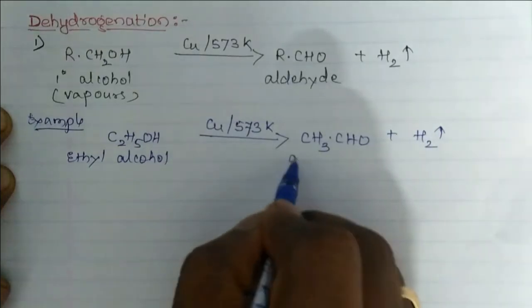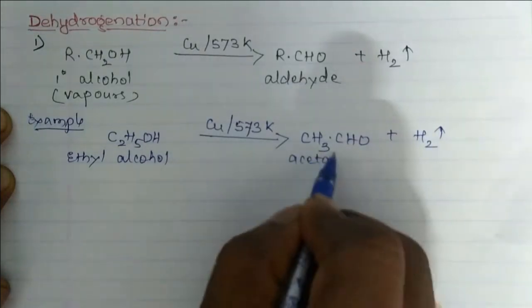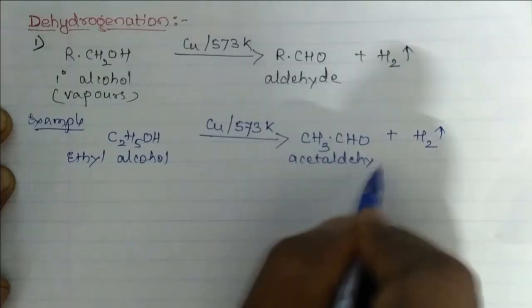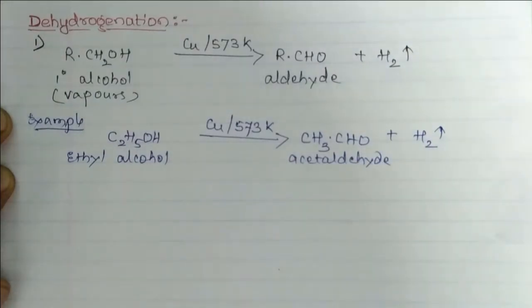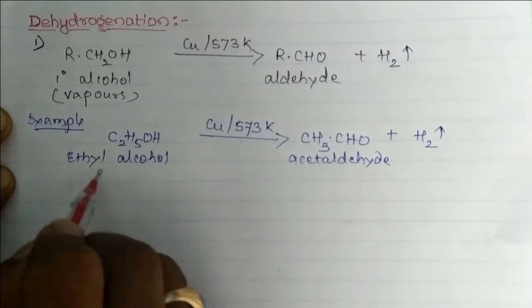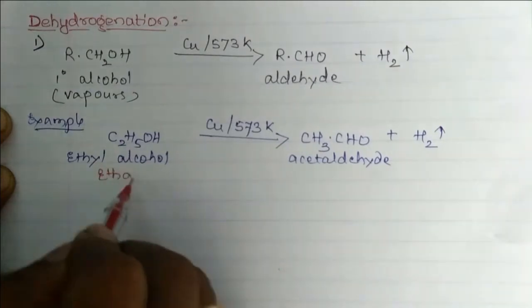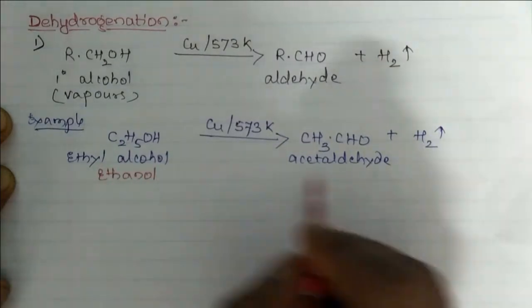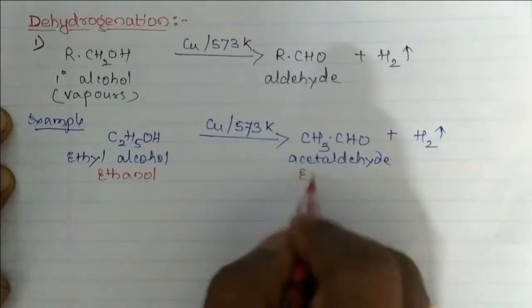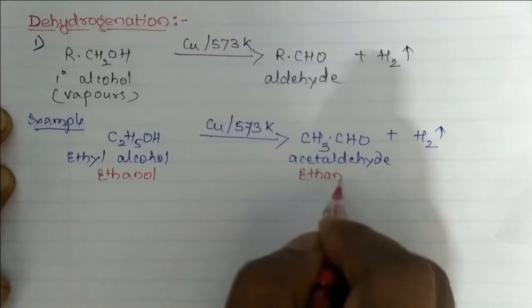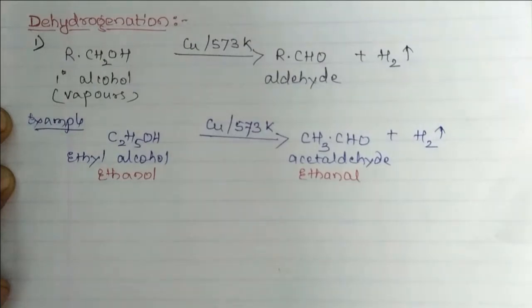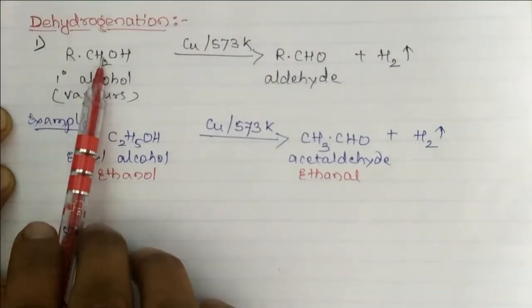The IUPAC name of this is ethanal. This is about the dehydrogenation reaction of primary alcohols.